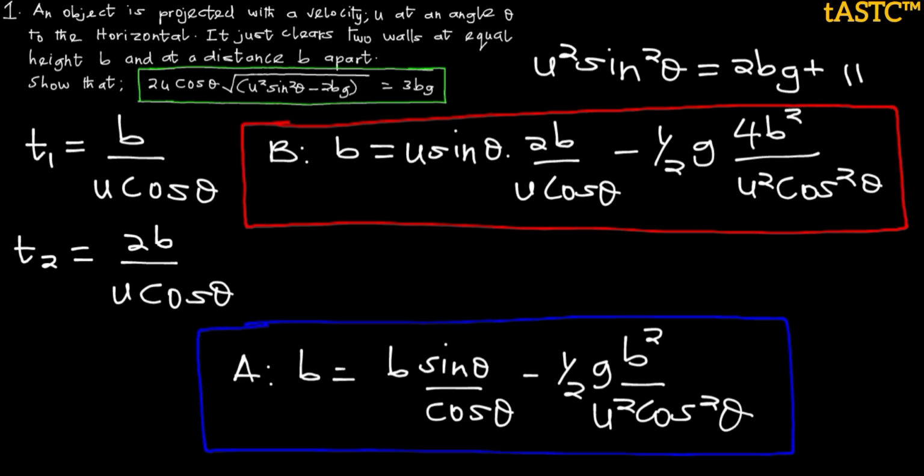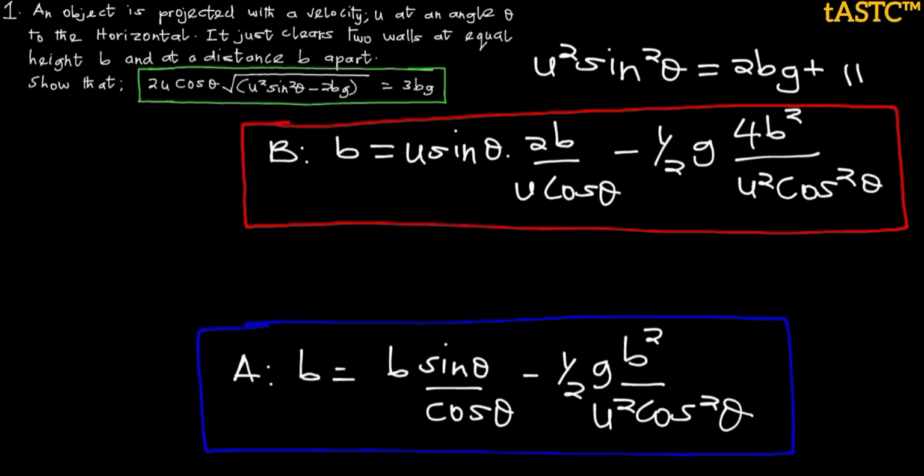We're going to take this stuff, that is the displacement in case of the second wall, and we're going to take this one and subtract it from this one. So that is equation A subtracted from equation B, or equation B minus equation A. So let us see how that's going to work. So that will be B minus A.